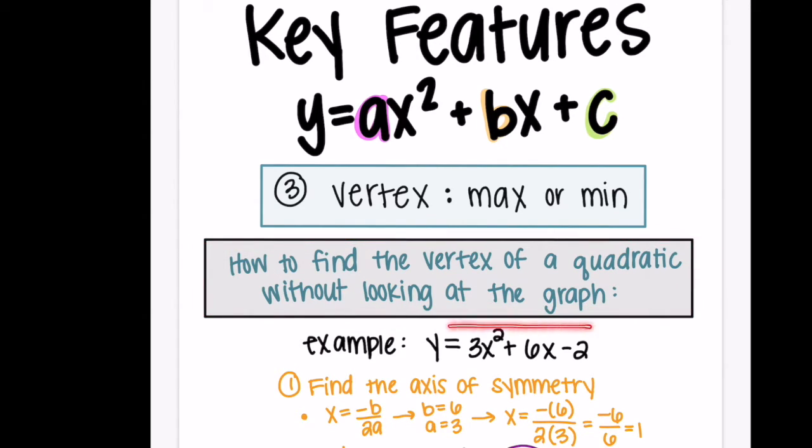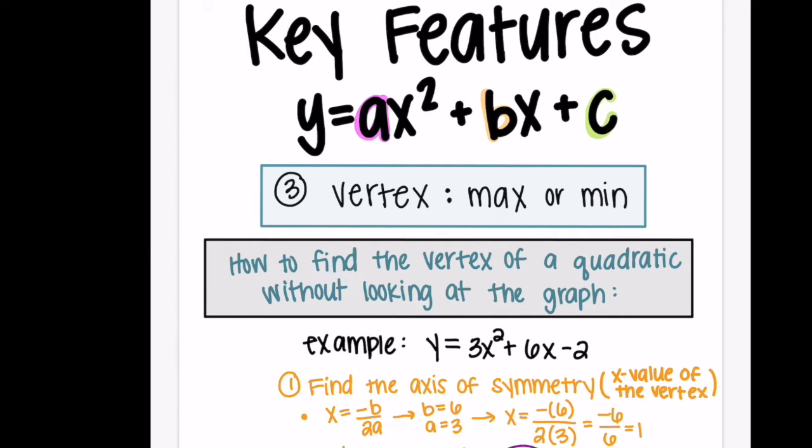If you have this equation as an example, and you wanted to know what is the vertex, you would start by finding the axis of symmetry, because that gives you the x value of the vertex. So to find this axis of symmetry, which is the x value of the vertex, you would find A and B. A is 3, B is 6, and we would plug those in here.